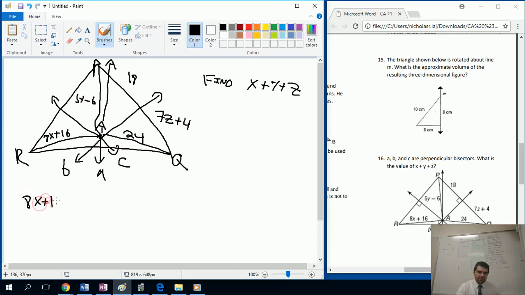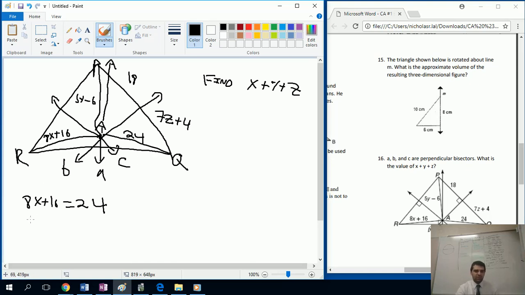8x plus 16 is going to be equal to 24, so AR is going to be congruent to QR. That's just something you got to know. You got to be able to look at the triangle, know the properties, know that the distance from the vertex to center A is equivalent to the distance from the opposite vertex to center A. So RA, QA, they're congruent.